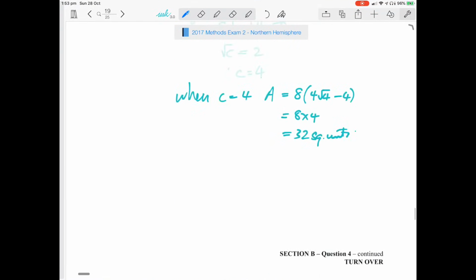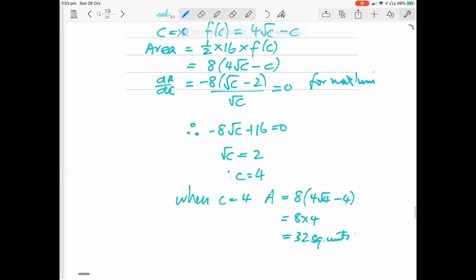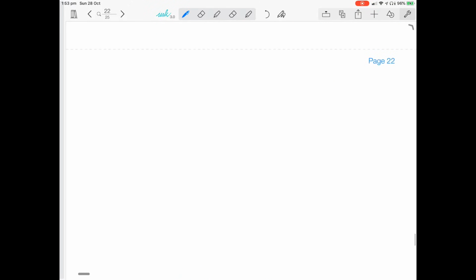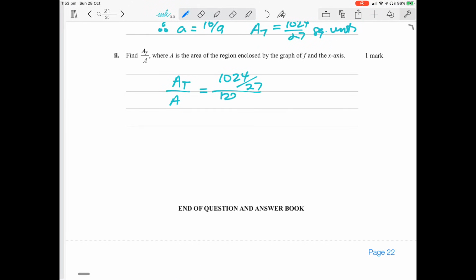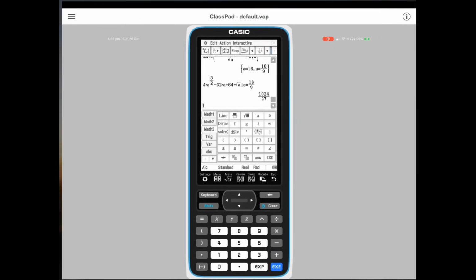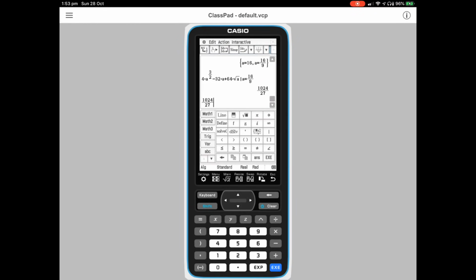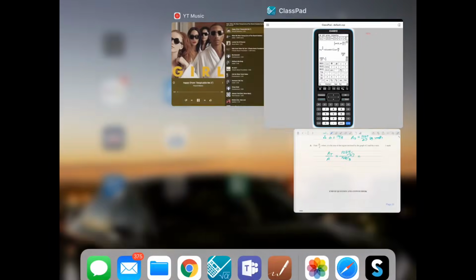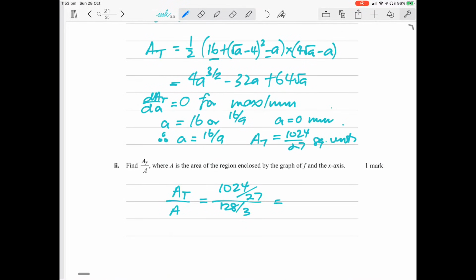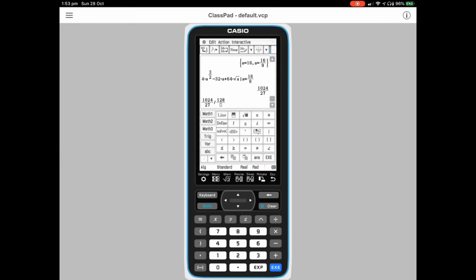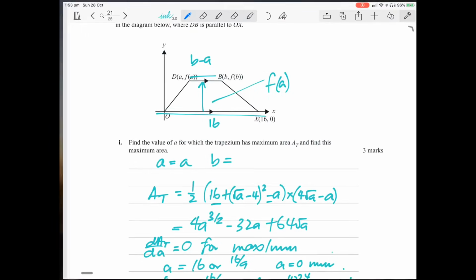The exact area, 128 on 3. So times the bottom by 9, 1,024 on 9 times 128, divided by 128 on 3. 8/9.